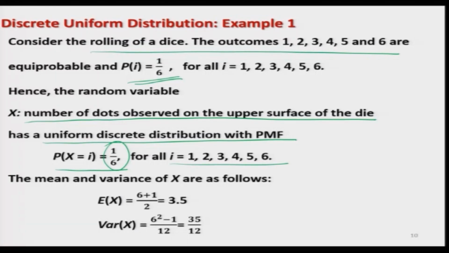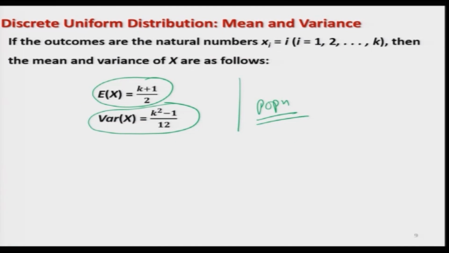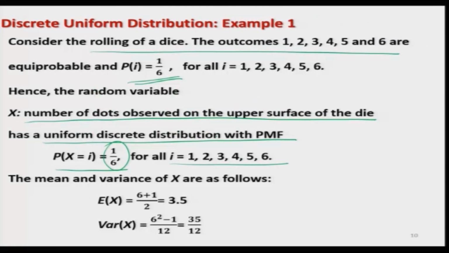In this case, if you try to find the mean and variance, you already have these expressions, (k plus 1) by 2 and (k square minus 1) upon 12. If you substitute k equal to 6, you get the expected value of x as 3.5 and the variance of x comes out to be 35 upon 12. Now, what is the meaning of this? These are the mean and variance for the population.